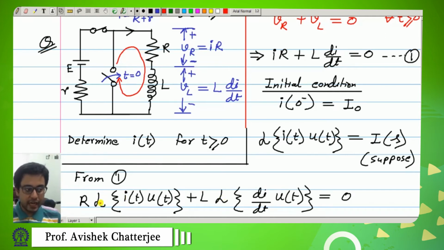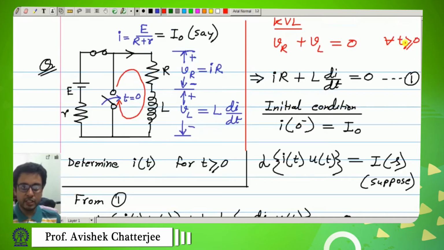But also the two-sided Laplace transform in this problem does not make any sense, because this differential equation that we have written is true only for time greater than or equal to 0. Before this, the system was not like this.